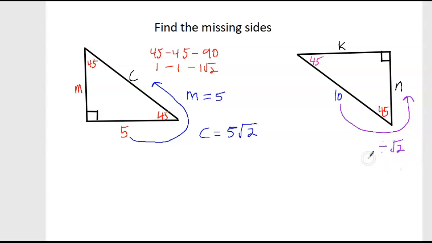It's like driving: when we are driving, we are going forward, we multiply by square root of 2. That's how we got this. So if we want to go in reverse, we have to divide by square root of 2. So for us to find our n, it's going to be 10 divided by square root of 2.